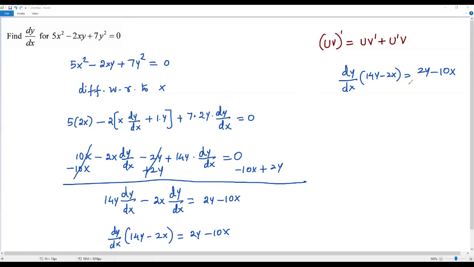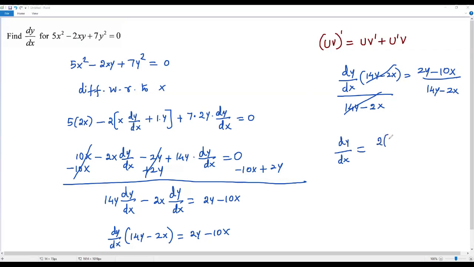Since our aim is to solve for dy over dx, we have to get rid of this one which is multiplied by dy over dx. So for that I divide both sides by 14y − 2x. Let me write it here. This 14y − 2x will cancel out, and dy over dx equals. When you look at the expression here, both terms have the greatest common divisor 2, so we can factor 2 out.